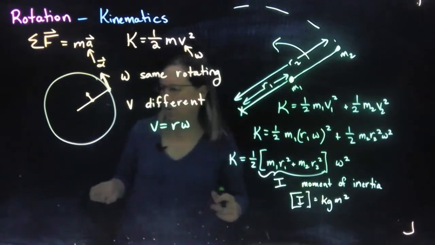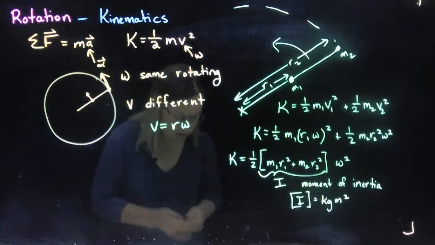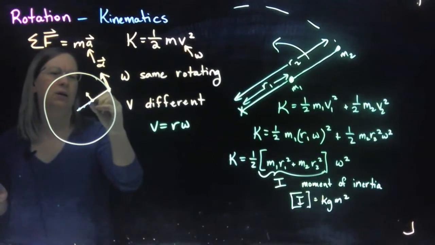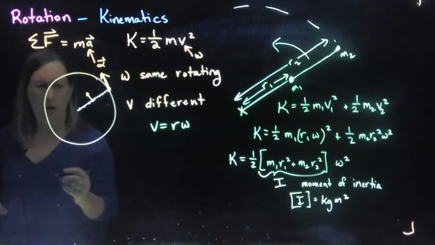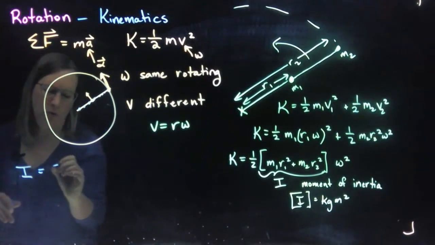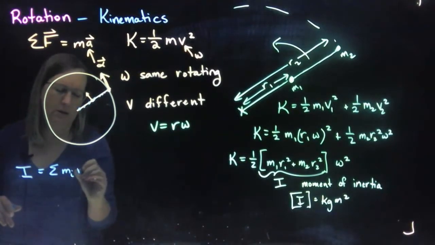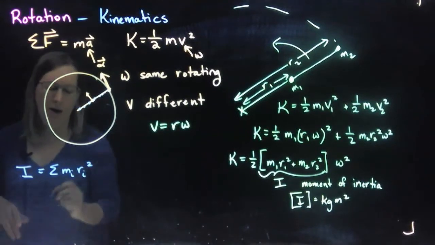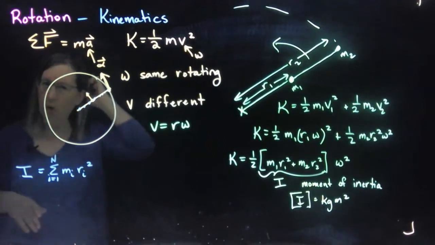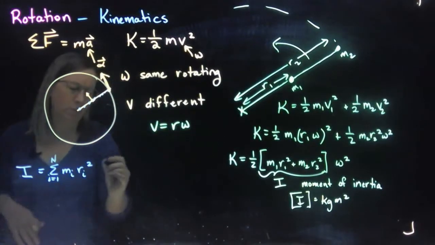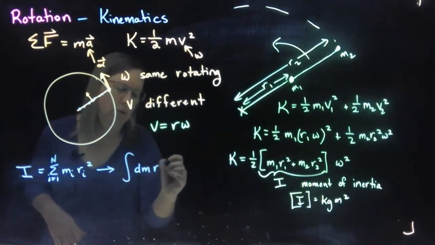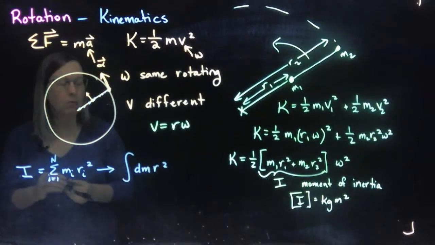So in general, if we have lots and lots of points, we can say the moment of inertia is equal to the sum of all the masses times the radii squared, however many there are. This sum goes from 1 to n, however many points. And if we've got a uniform material, this turns into an integral. Okay, before you panic, I'm not going to make you calculate that.